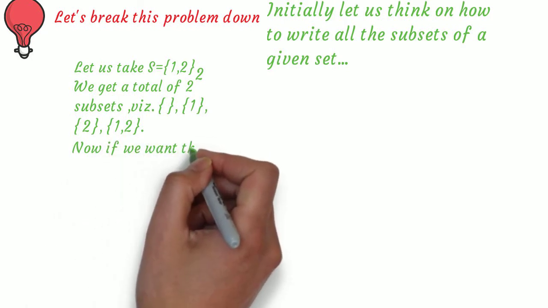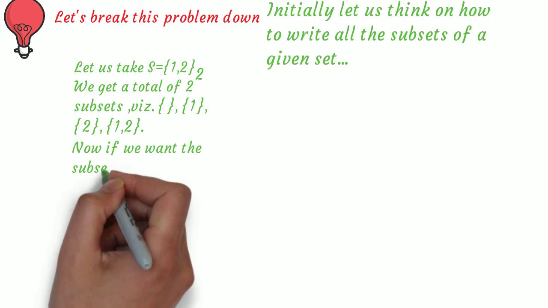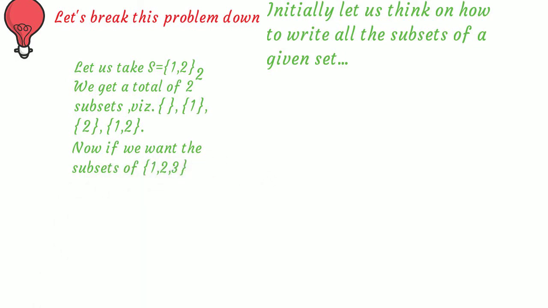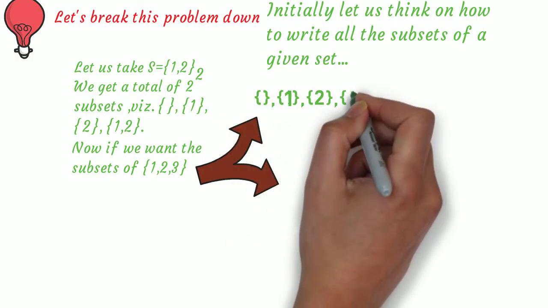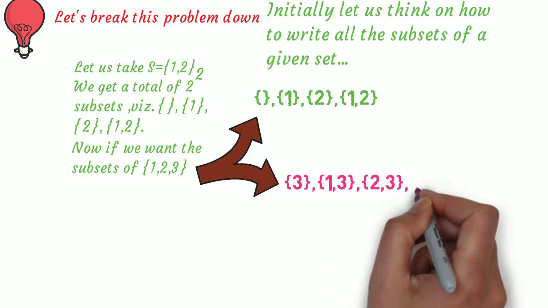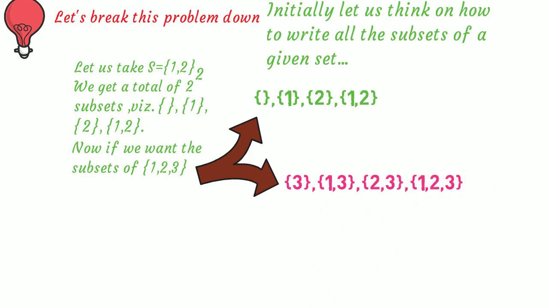Now, the trickiest thing that we have to observe here to solve the bigger version of this problem is that when we want to find the subsets of 1, 2, 3, we can use the subsets that we have already found for 1, 2. That is, all those subsets are subsets here as well, and moreover, if we add 3 to all those subsets, those are also subsets for this set.